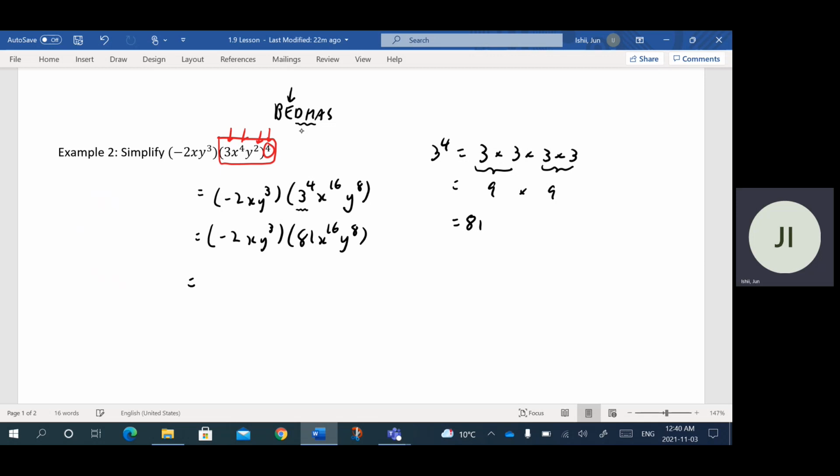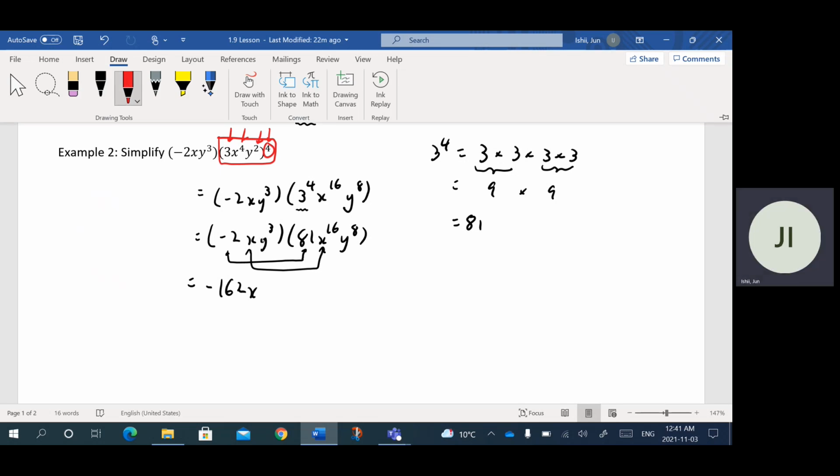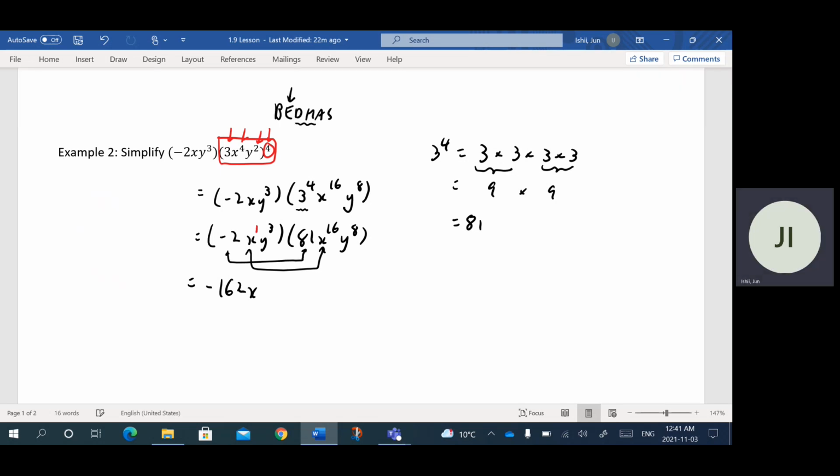All right, so now we're doing multiplication. So first thing I want to do is multiply the negative 2 with a positive 81. That is negative 162. And then when it comes to variables, when I'm multiplying variables with the same base, I add the exponents. Now this x, the first one, you'll notice there's no exponent there. So it's actually to the first power.